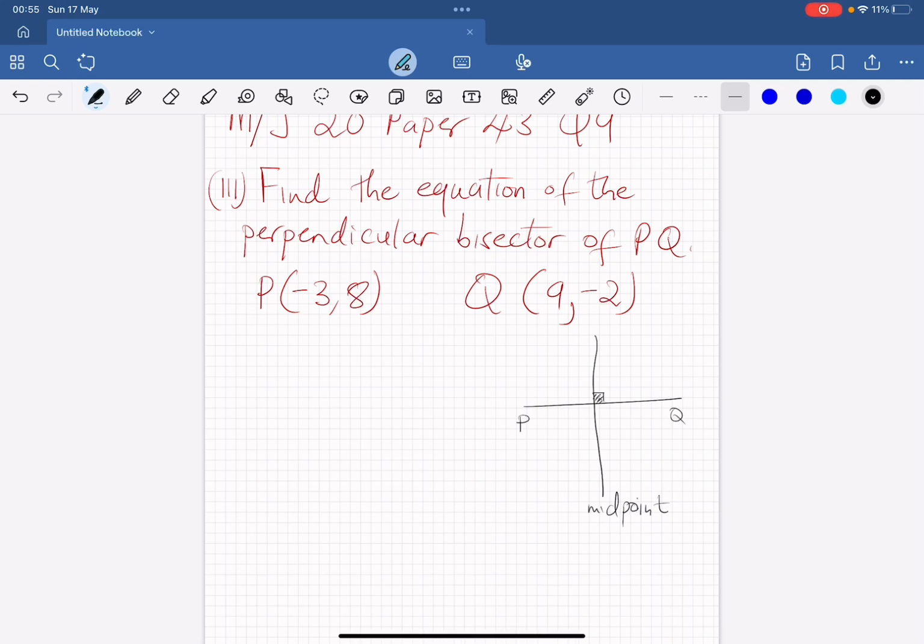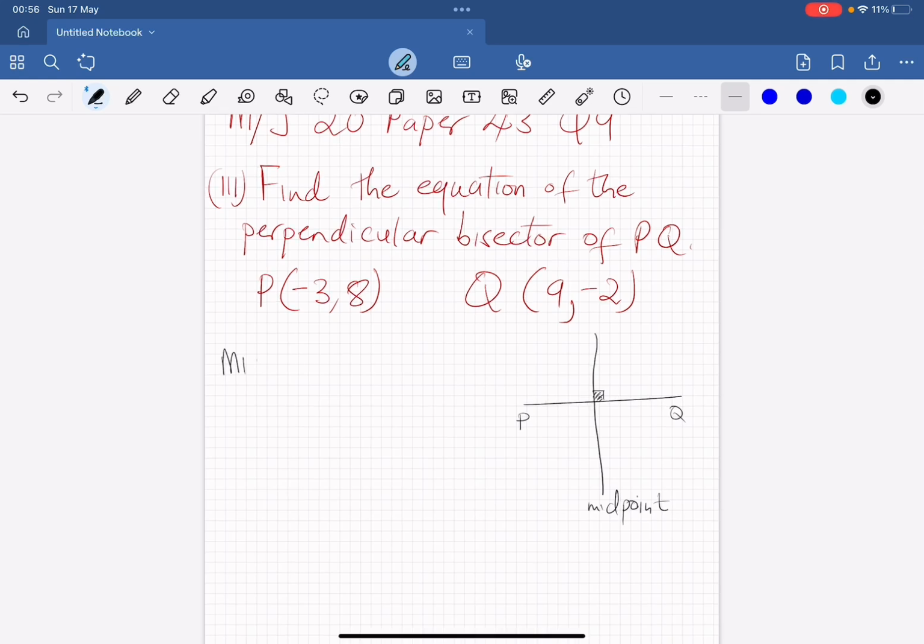So this means if I am looking for the equation of the perpendicular bisector, the first thing that I would do is to find the midpoint, because the midpoint is the point where our perpendicular bisector would pass. Now, from the given points, our midpoint is going to be the average of the 2 points.